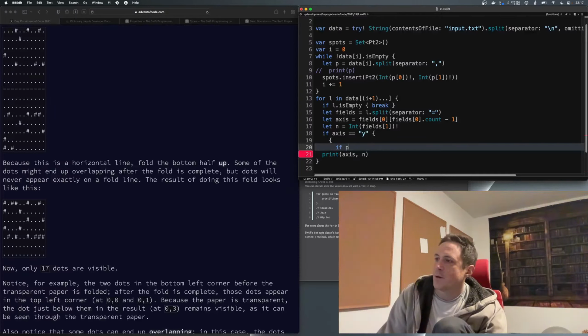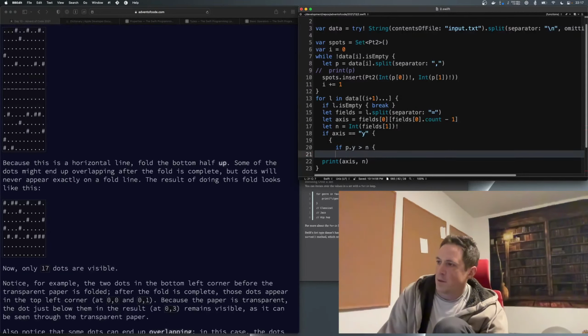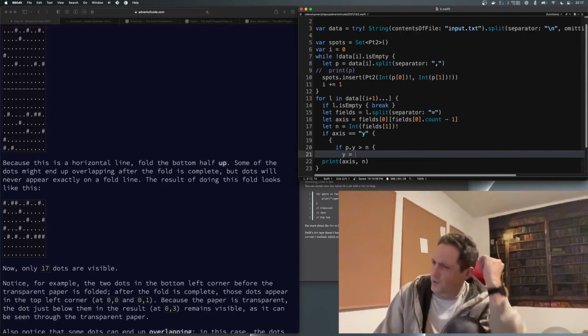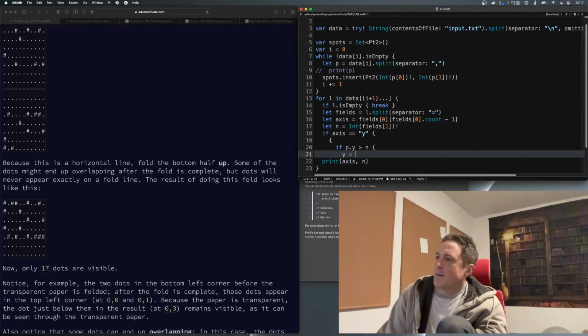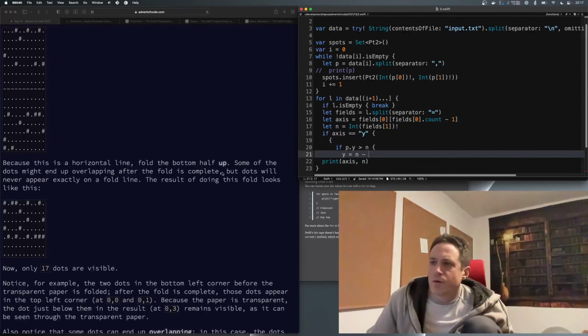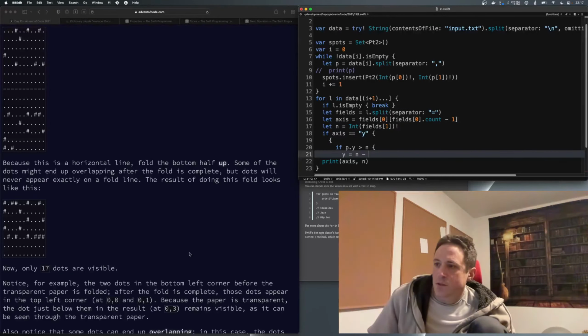If py is greater than n, then y is going to be n minus. Hold on. Some of the dots will never appear exactly on a fold line. Okay, that answers one question.